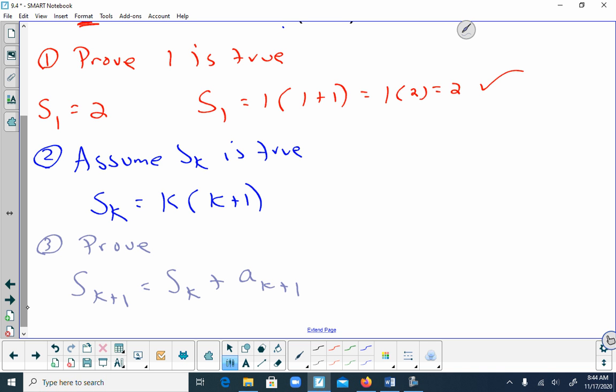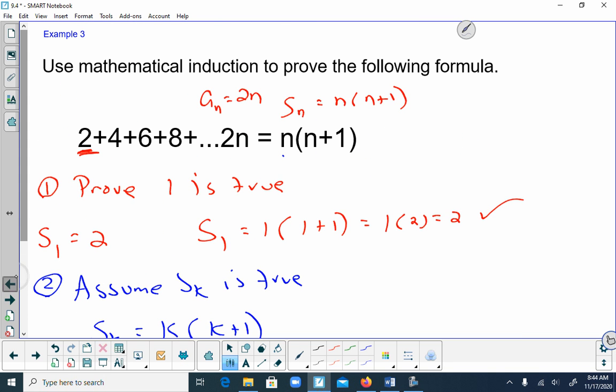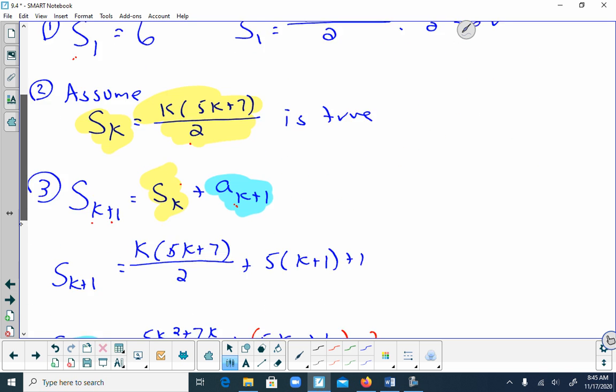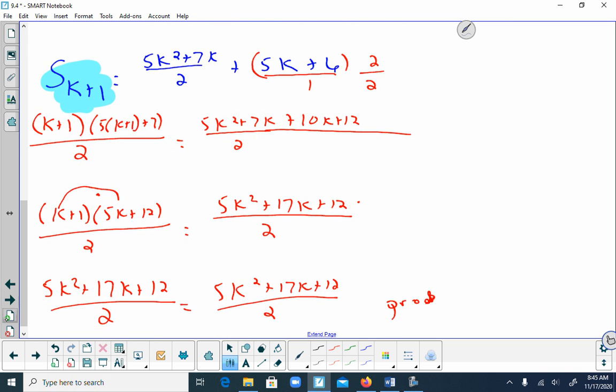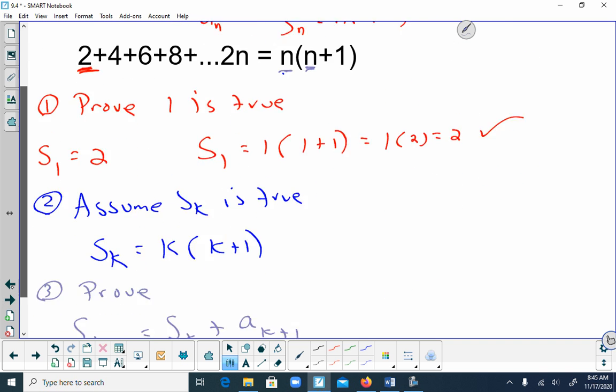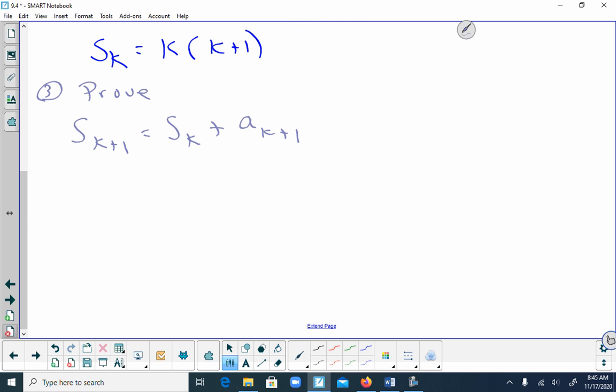So I'm going to actually do left to right this time. So S of (k plus 1), I'm going to put in k plus 1 every place I see this n. So I am going to have (k plus 1) times (k plus 1 plus 1) is equal to the sum of k, which I just said from up here.